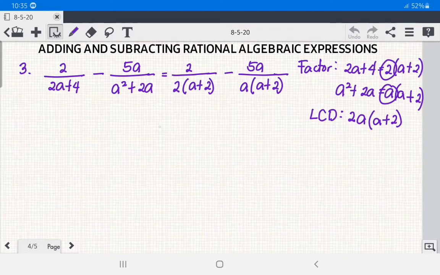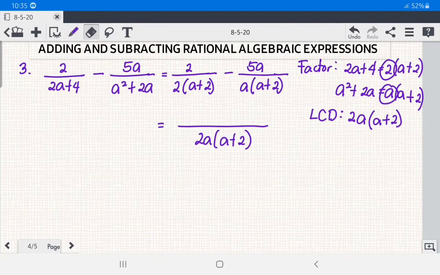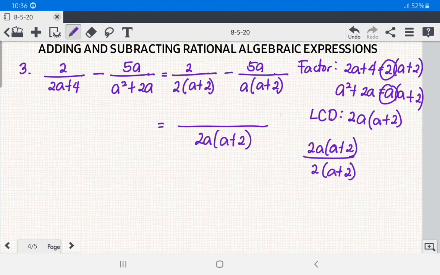We're going to copy the LCD, which is 2a times a plus 2. Then after that, we're going to divide 2a times a plus 2 by 2 times a plus 2.